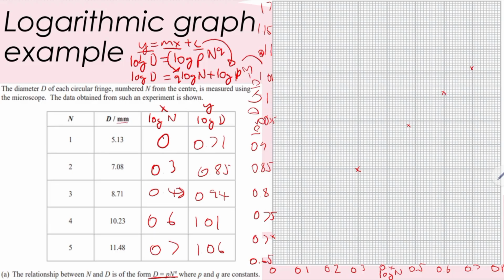So now we need to draw a line of best fit for these points. And we need to ensure that the line of best fit goes throughout the whole graph. So the line of best fit is over there.